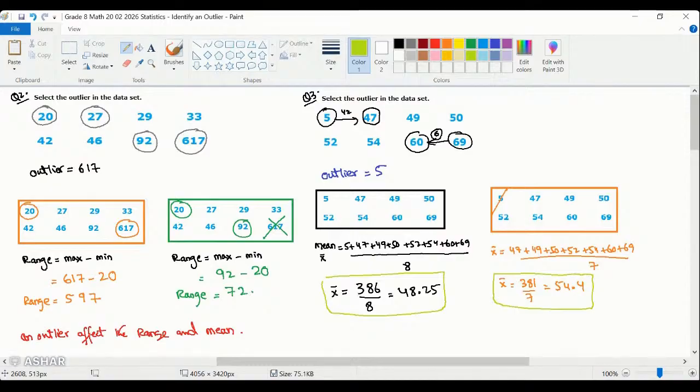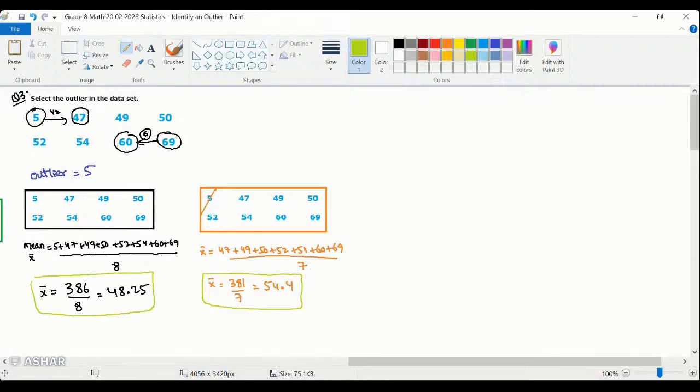So we can say that an outlier impacts the mean, right? And an outlier also impacts the range. You don't have to find the mean, and I'm just giving you an example showing you how an outlier would affect the given information or the given data.